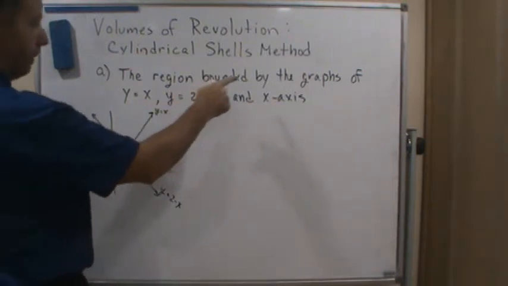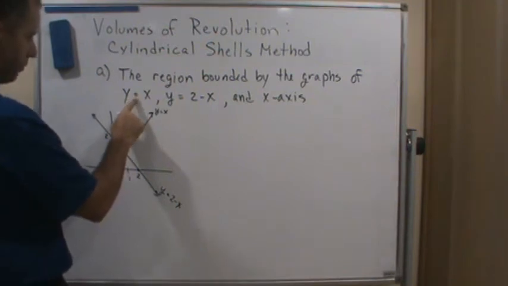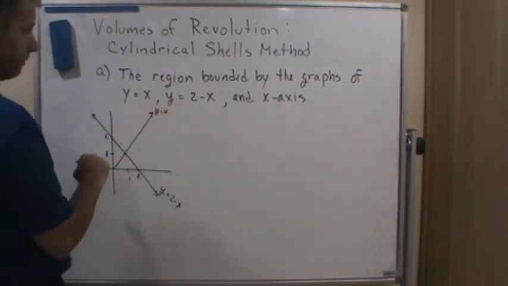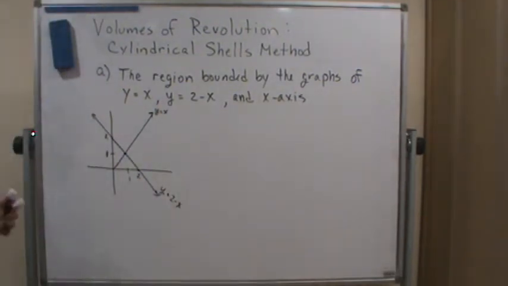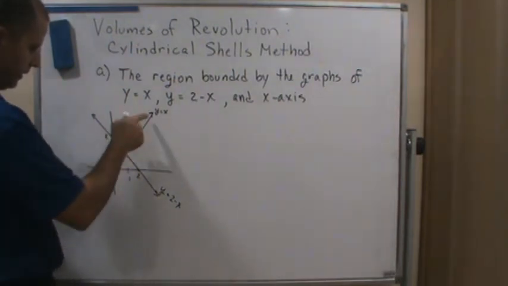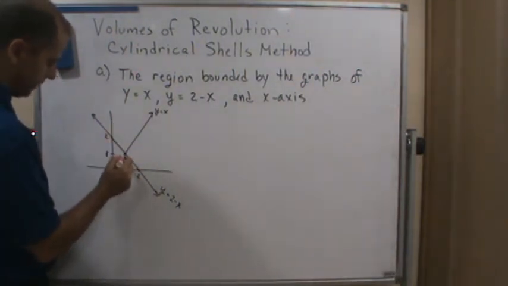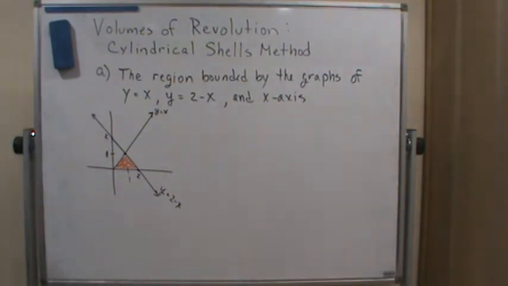It's bounded by this graph and the x-axis. They don't tell us above or below, so look at this. Here is the region. It's bounded by those three lines: the x-axis, this line, and this line. So the region that we want to rotate around the x-axis is this one.